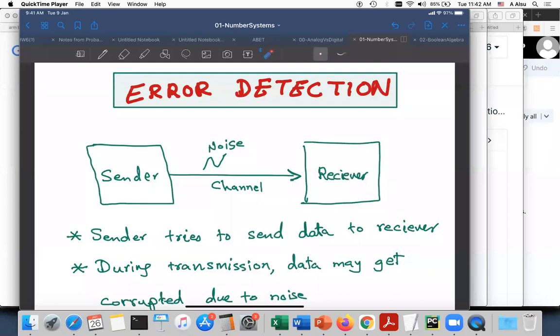Once there is a channel, there is a chance to get some noise from the environment. So what does the noise do? When the sender sends some messages to the receiver, the noise can corrupt these messages.